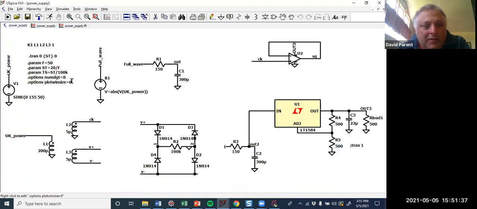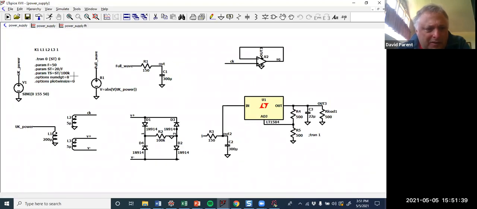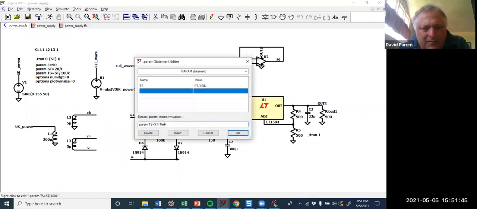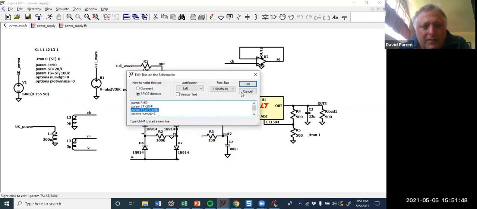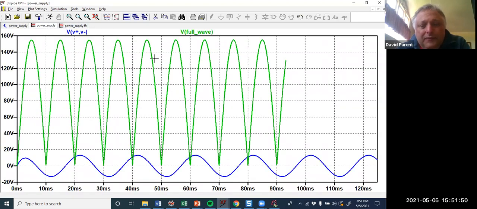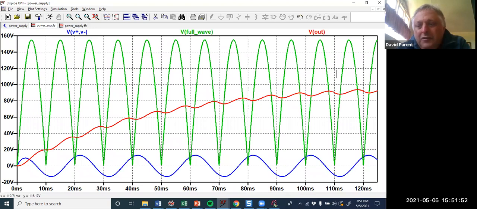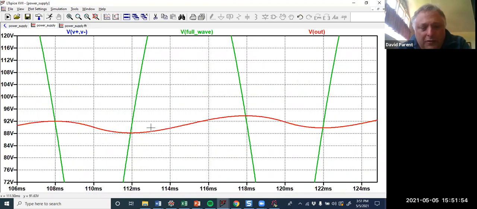And if I run the simulation for a little bit longer... actually, I don't want to do that. But if I were to just zoom in here, oh, there's my sine wave, and it's always been a sine wave.